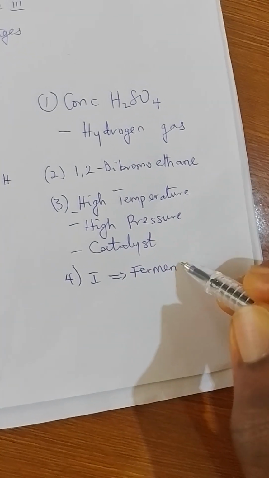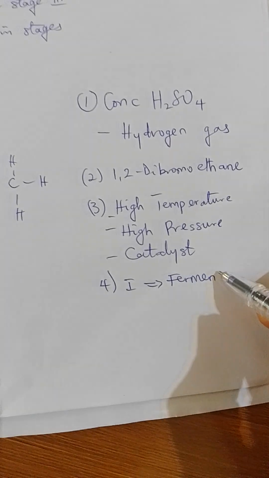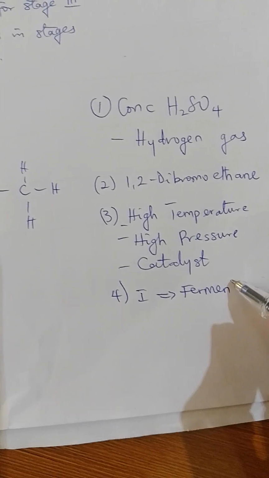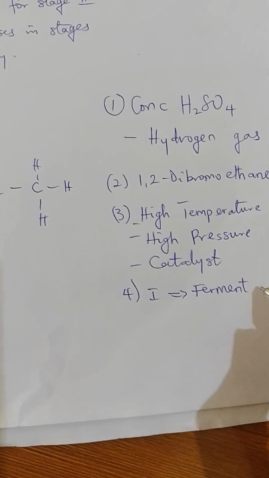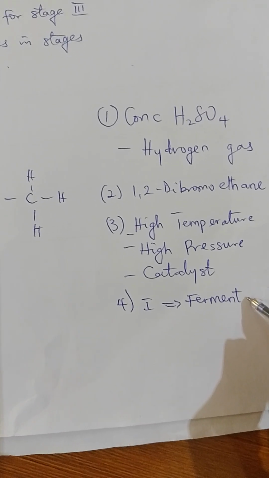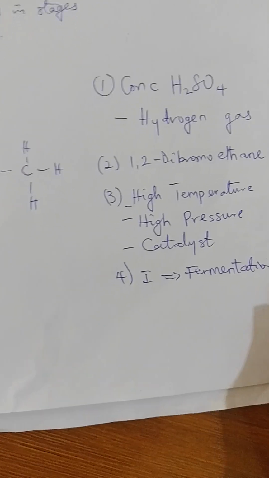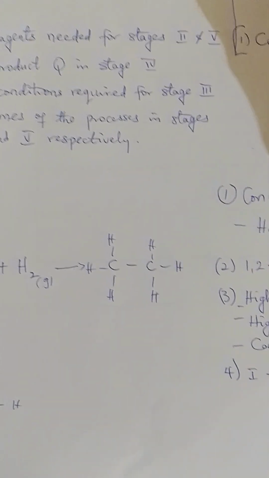You know that fermentation is the process whereby biological enzymes or chemical enzymes, whatever you may call it, act on starch or sugar, and of course it will produce CO2 gas. So stage 1 there is fermentation.